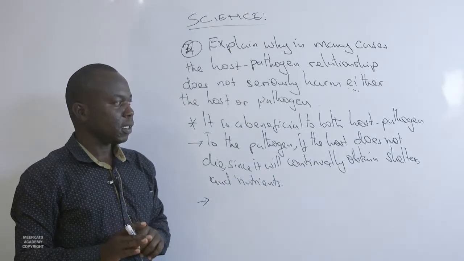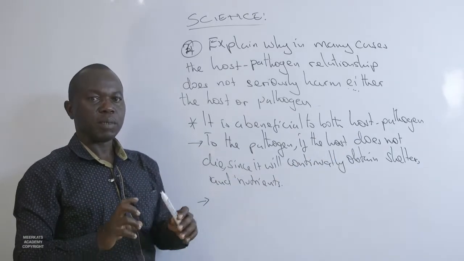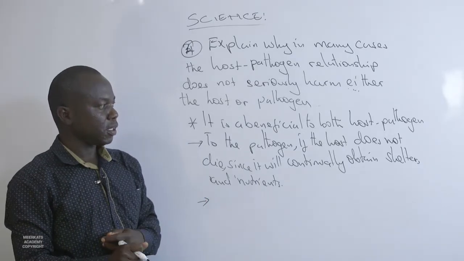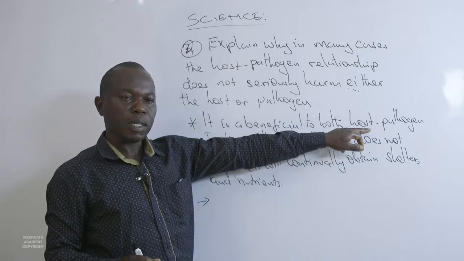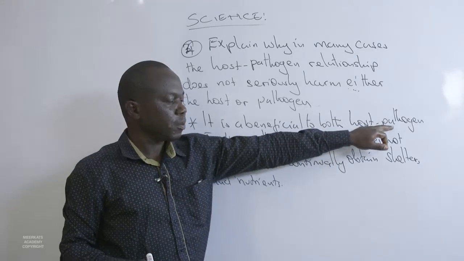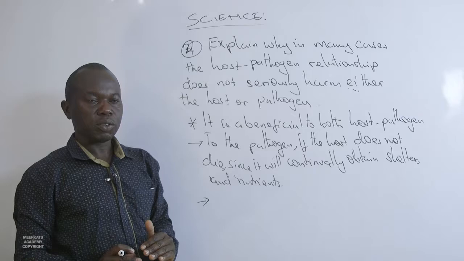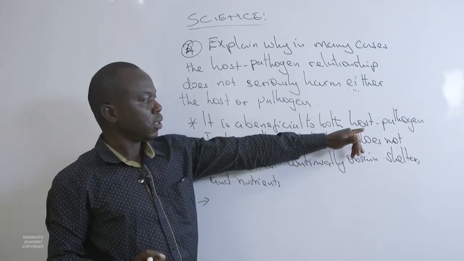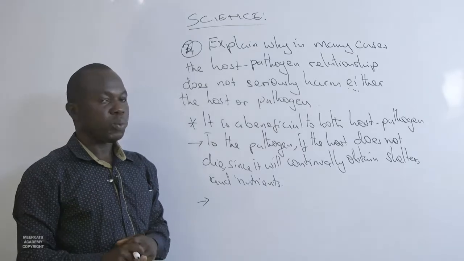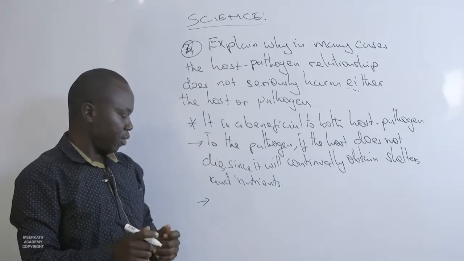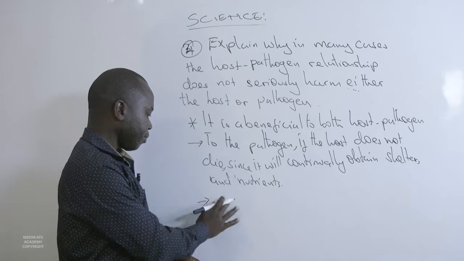When it decreases, then the population will be within the carrying capacity of the ecosystem. So in other terms, we are saying that because of the pathogen, there is a slight reduction in the population of the host, so that now it can match with the carrying capacity of the ecosystem.